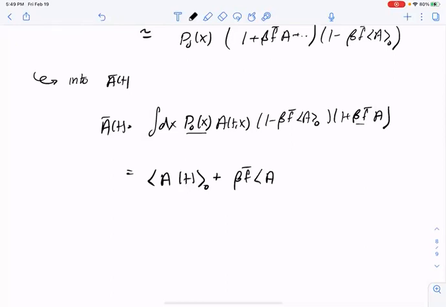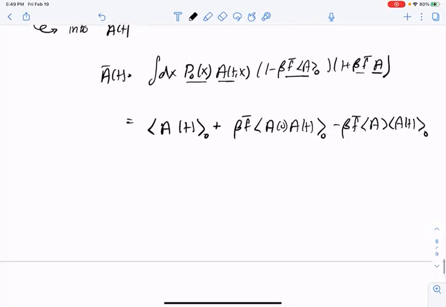That's the average of A at 0, those initial conditions, times A of t. This term with this term are averaged separately. I get minus beta f bar, average of A times average of A of t. Putting that together and noting that an equilibrium average at one time is just a thermal average.